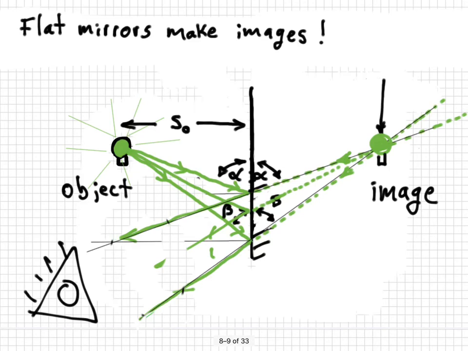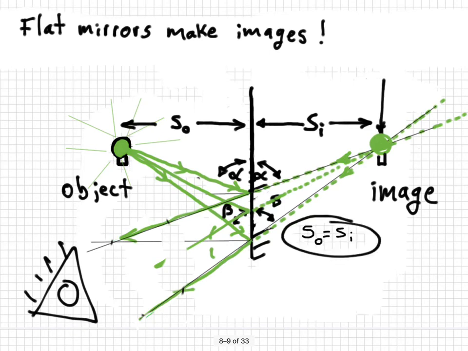As I said, using those angles in front and behind the mirror that are the same, you can prove easily that the distance to the object, that is the distance between the object and the front of the mirror, is equal to the distance between the image and the front of the mirror. These two distances are actually equal to each other. This is the case for a flat mirror. The image of the object is at the same distance as the distance to the object.